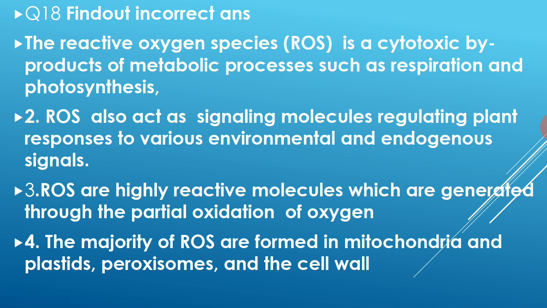The fourth: the majority of ROS are formed in mitochondria, plastids, peroxisomes, and the cell. This is doubtful. Majority of ROS are formed in mitochondria, correct? Plastids also correct. Peroxisomes also. The answer should be the third one, because it is not the partial oxidation, but the partial reduction of oxygen.